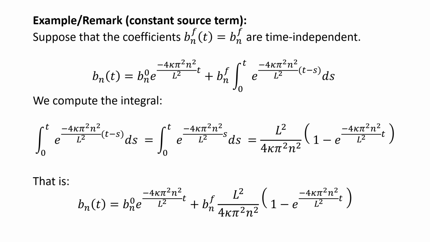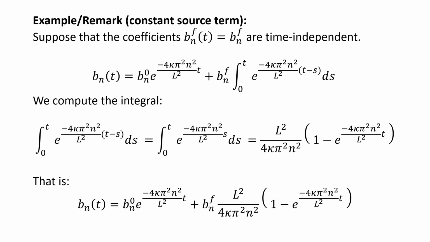Take a look what happens as t goes to infinity in the last equation. The first term in the last equation corresponding to the initial data converges to 0. Because, okay, exponential of negative times a constant times t goes to 0 as t goes to infinity. In the second term, however, the term in the brackets goes to 1 as t goes to infinity.